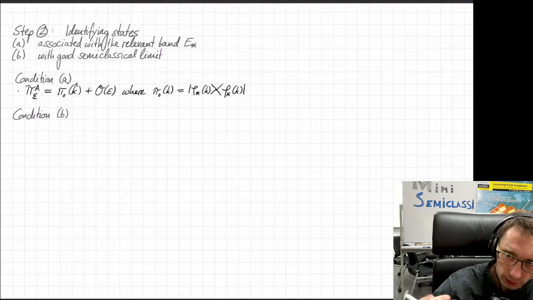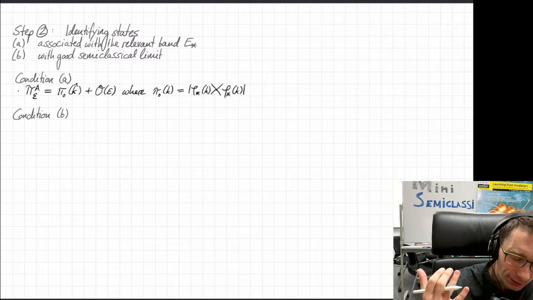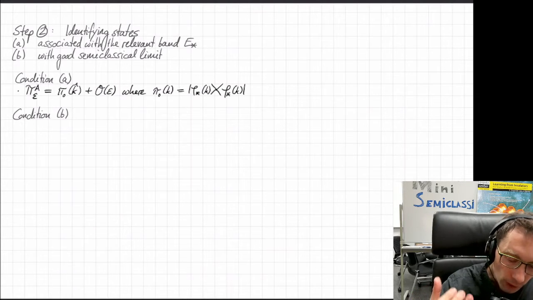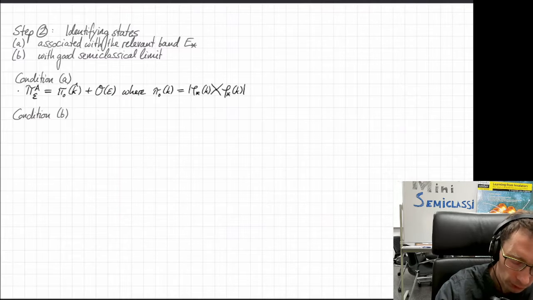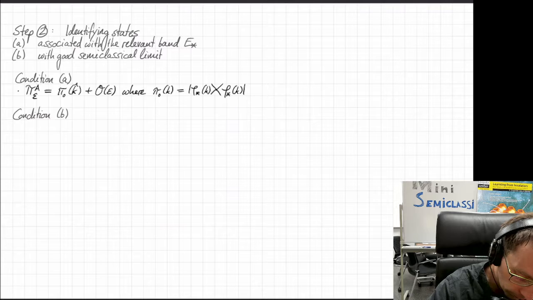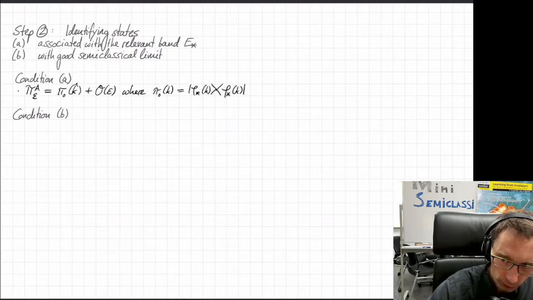So what is the type of condition that we have in mind? Well, one thing that must not happen is that, under the time evolution, if you start with a relevant state, a state associated to this band, it must not leave the band as you evolve it in time. So the central condition looks as follows.